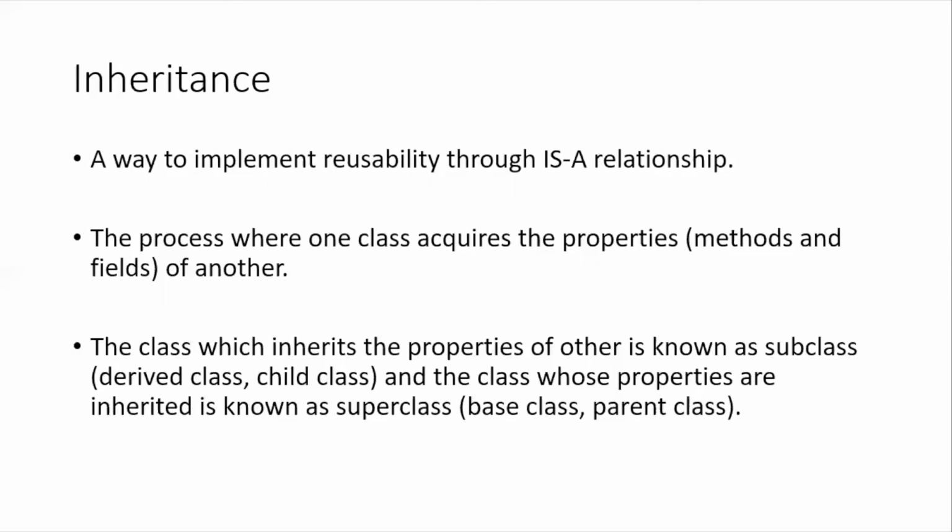Now, reusability is what we have also seen in the features of object-oriented programming, the benefits of using object-oriented programming. Now, reusability can be implemented in two ways. One way is the has-a relationship.